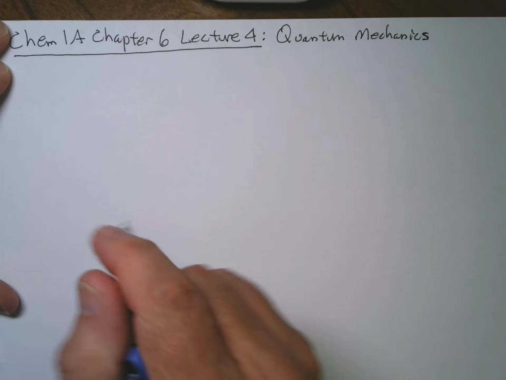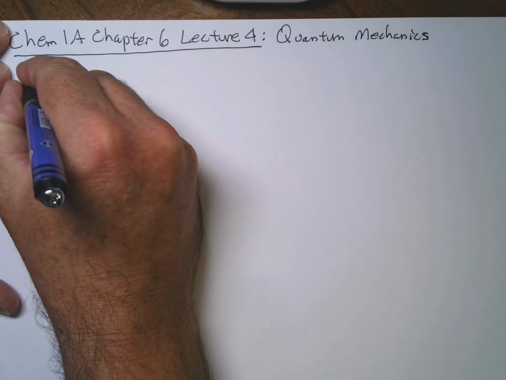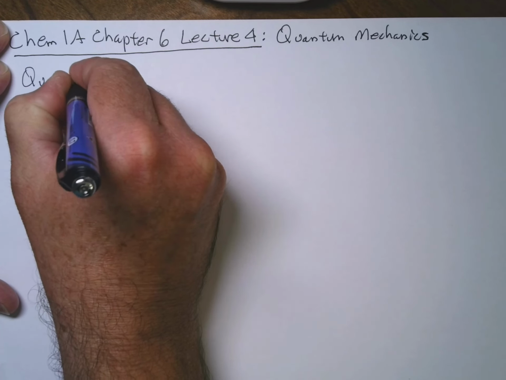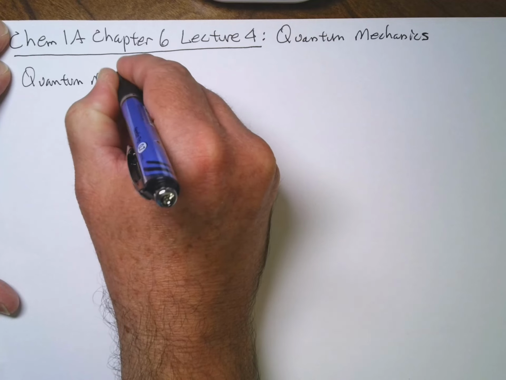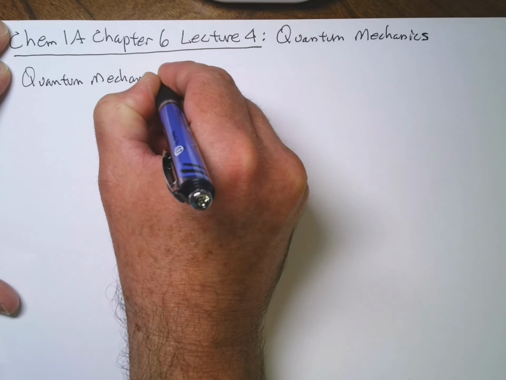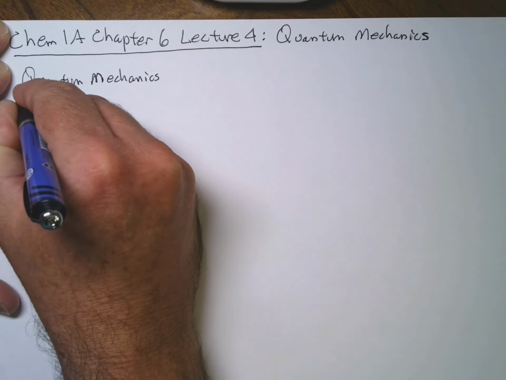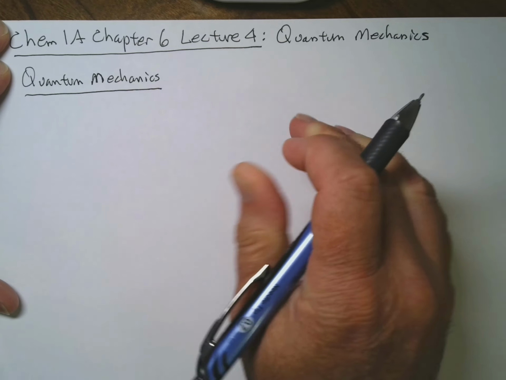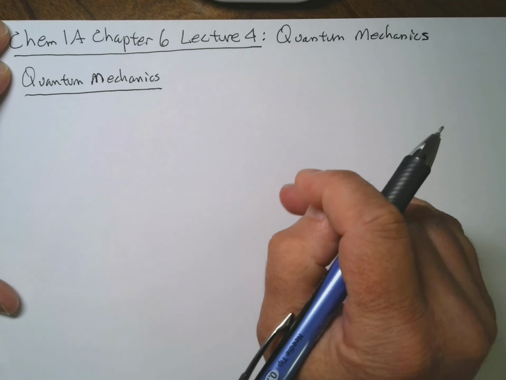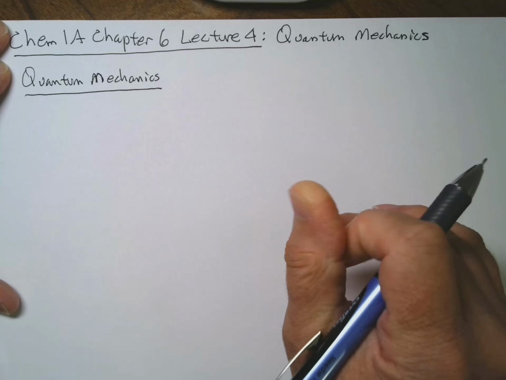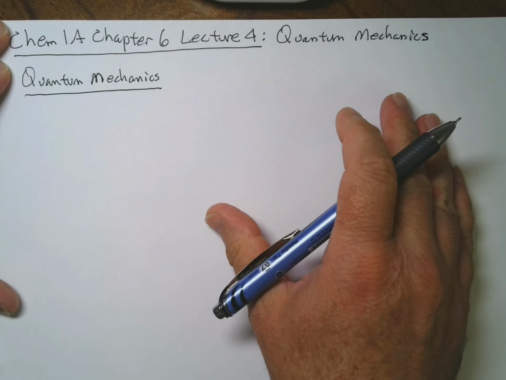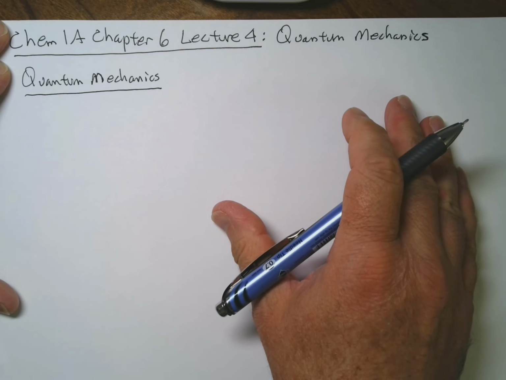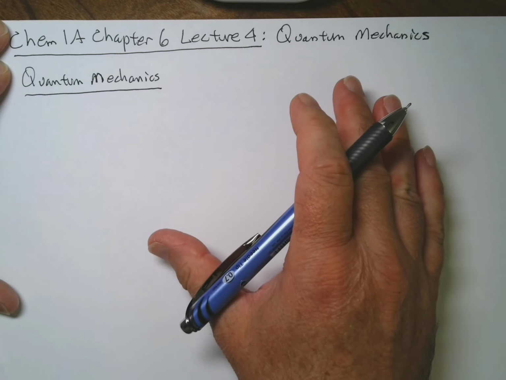So what was developed was, by several scientists, Erwin Schrödinger, a scientist by the name of de Broglie, and then Werner Heisenberg, and it's also known as wave mechanics.